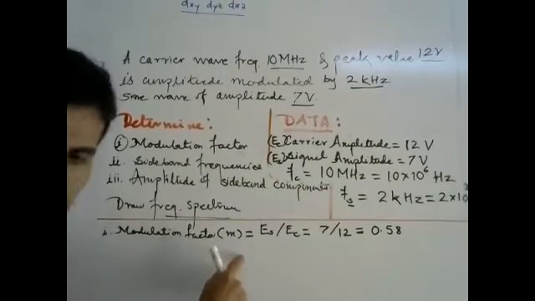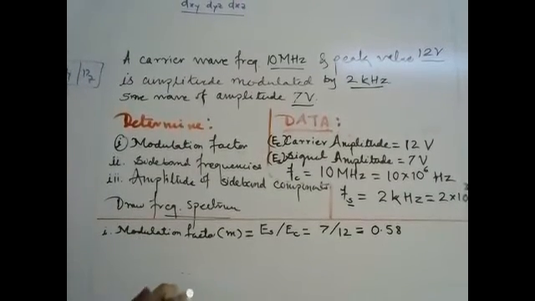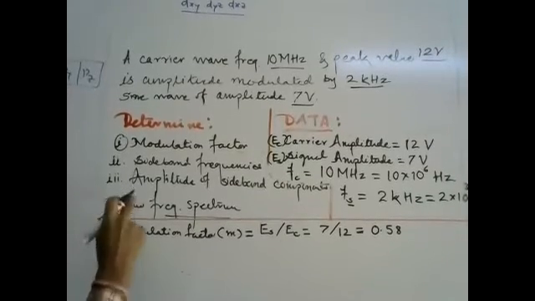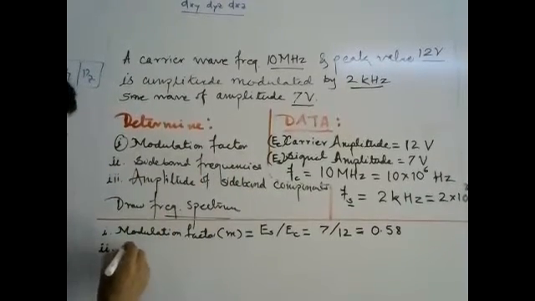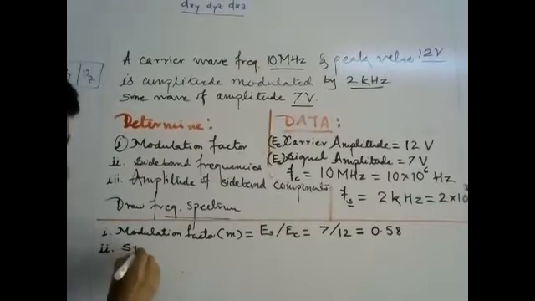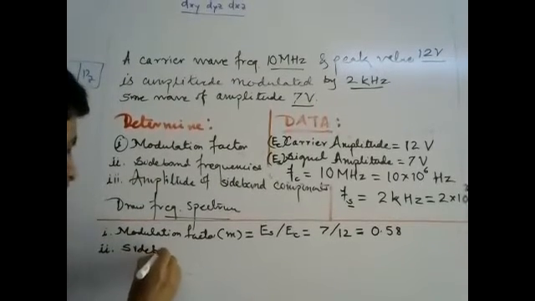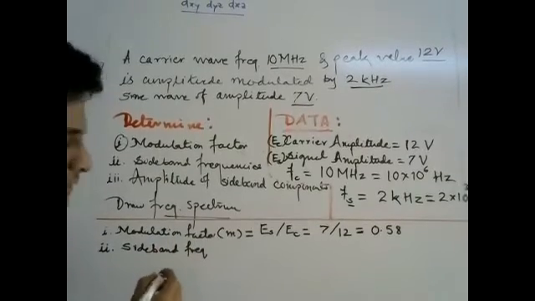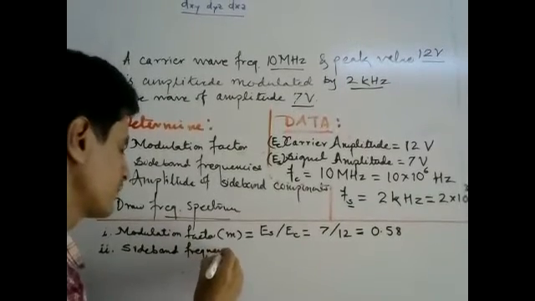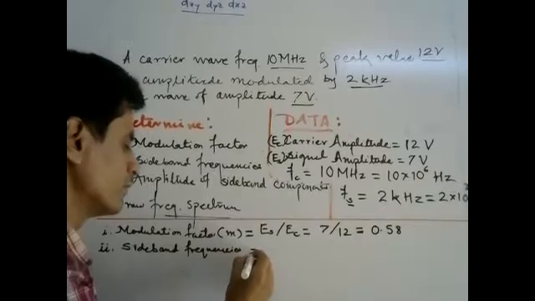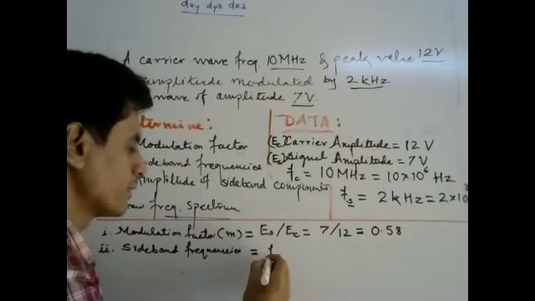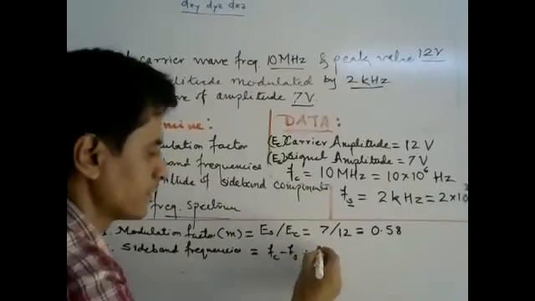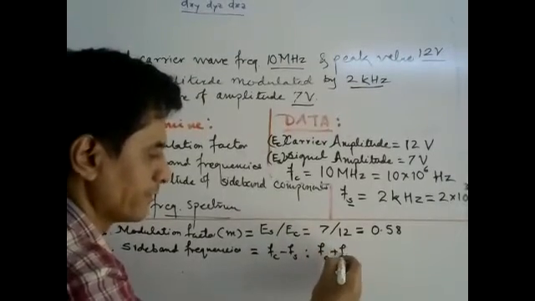So this is about the modulation factor. Now see point number 2. Point number 2 is sideband frequency. For sideband frequencies, the formula is FC minus FS colon FC plus FS.